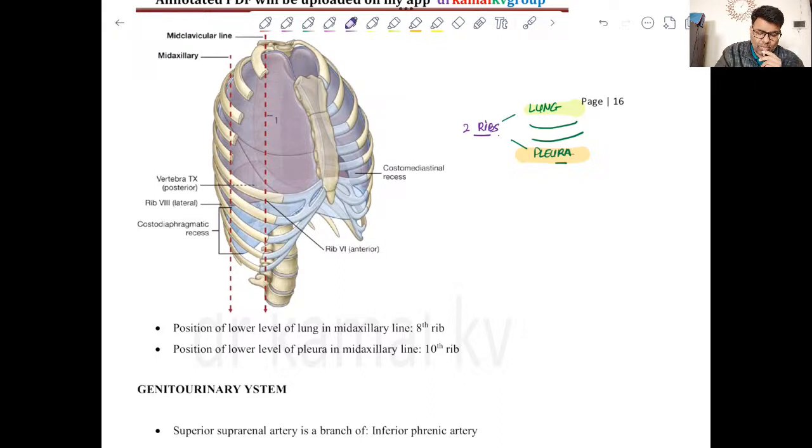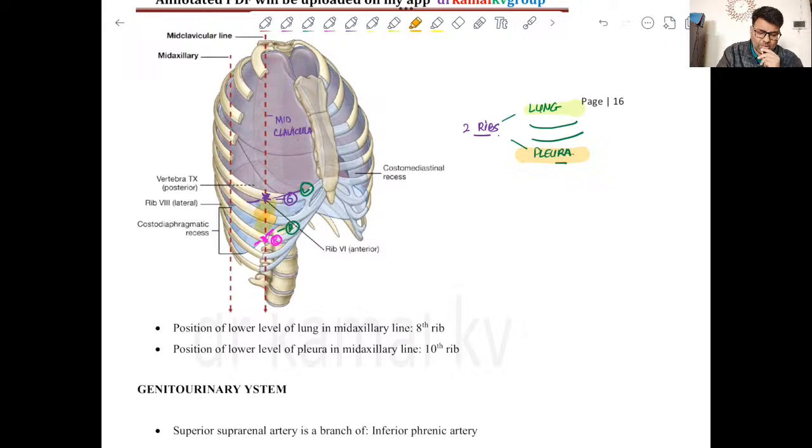So this is the mid clavicular line. It passes through the 6th rib. Clear? And that is the lower boundary of lung. So 6th rib here. And if you draw it downward, it passes through the 8th rib. And this is the lower boundary of the pleura, right? So lung here, pleura here. So you can see there is a gap of 2 ribs.